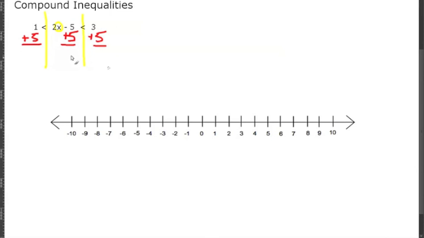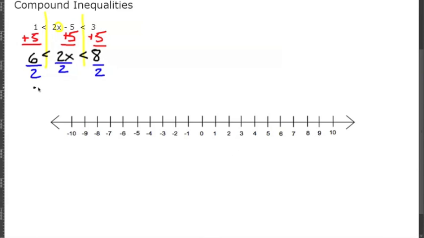That's going to result in 6 is less than 2x plus 0, which would still give us 2x, which is less than 3 plus 5 is 8. Now our next step will be to divide by the 2 to get the x by itself. So divide the middle by 2, the left by 2, and the right by 2.